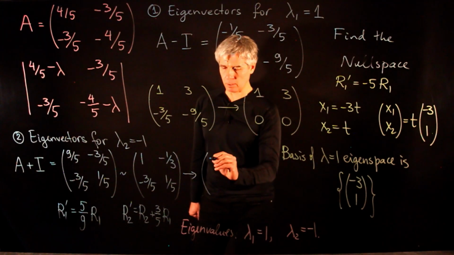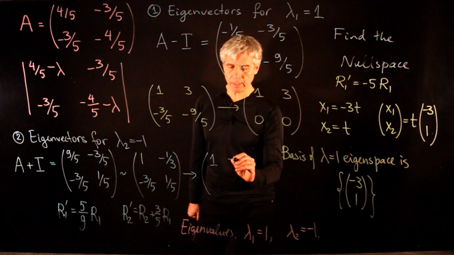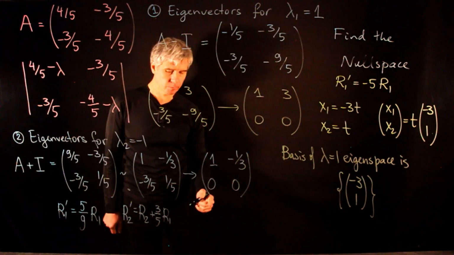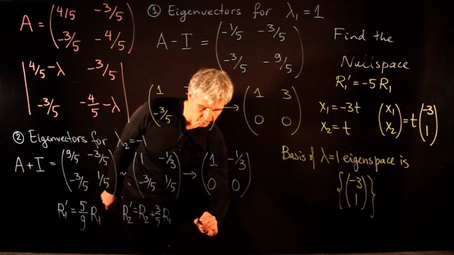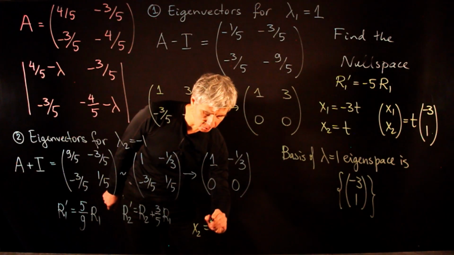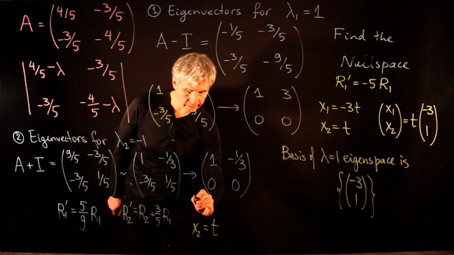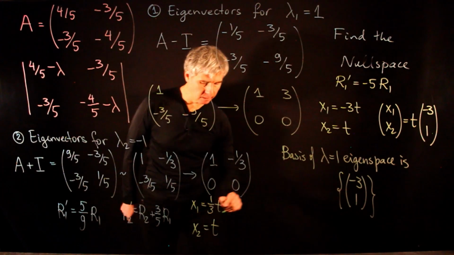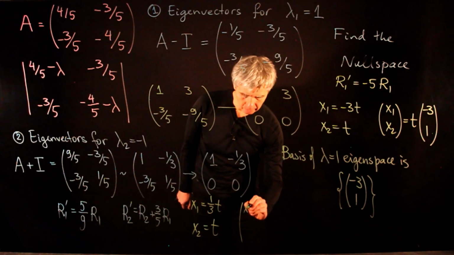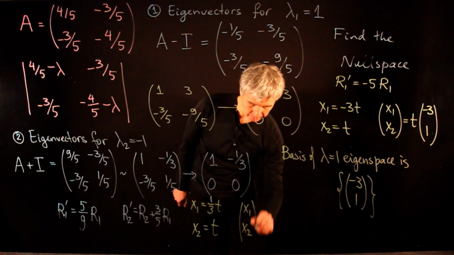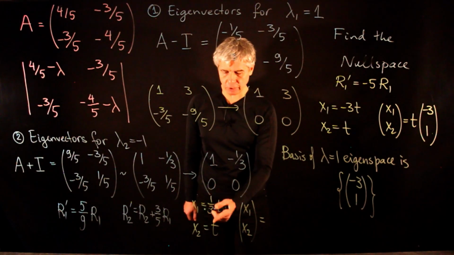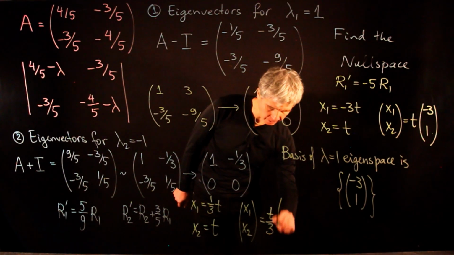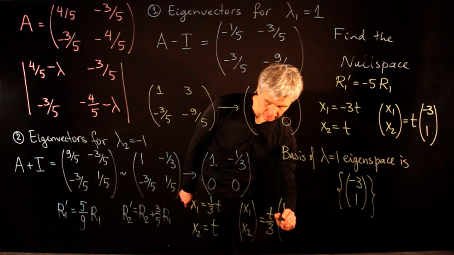So the reduced row echelon form will be 1, negative 1/3, 0, and 0. To describe the eigenspace, we assign t to the free variable x2, and then x1 is equal to 1/3 t. And so then x1, x2, now to avoid the fractions in the eigenvector, we can pull out t over 3, and then we get 1 and 3.